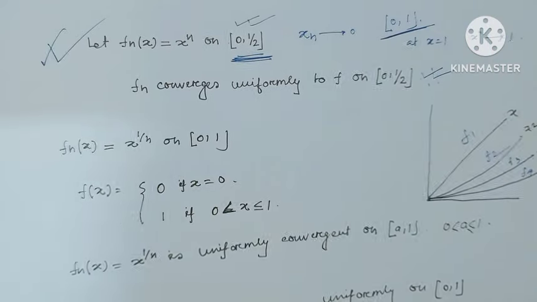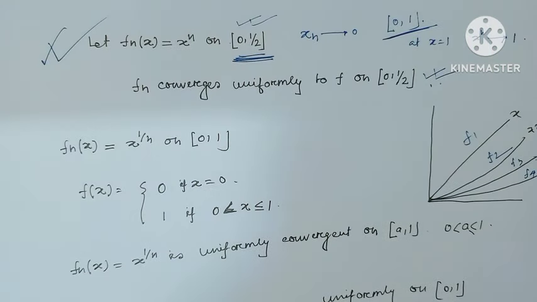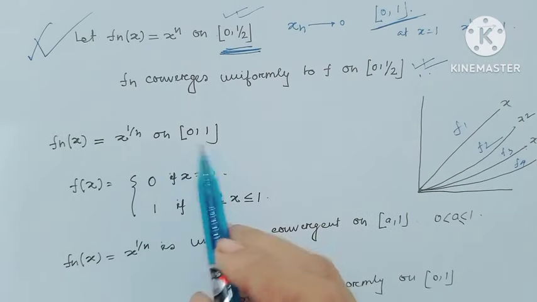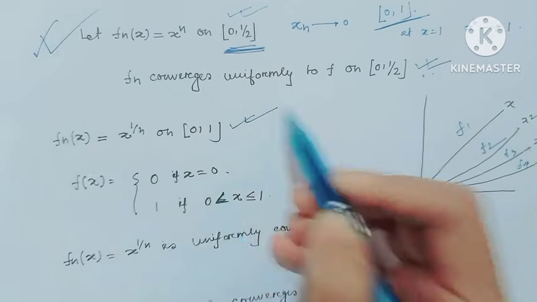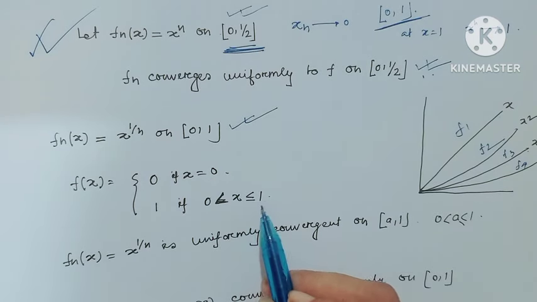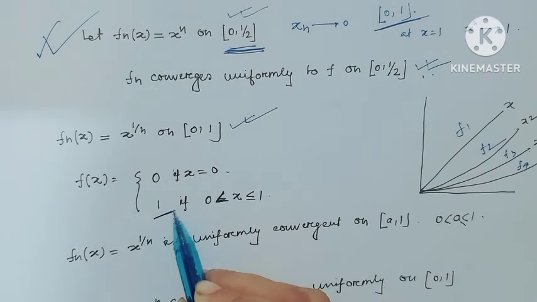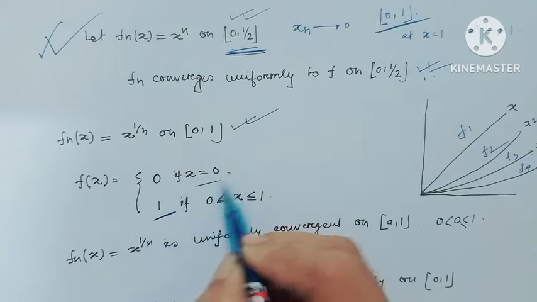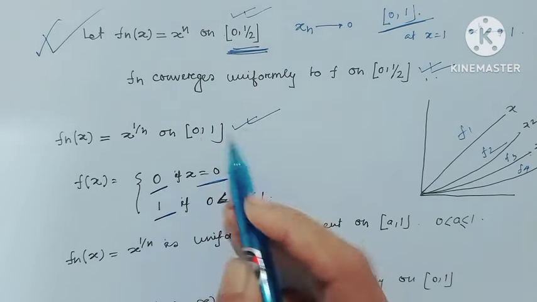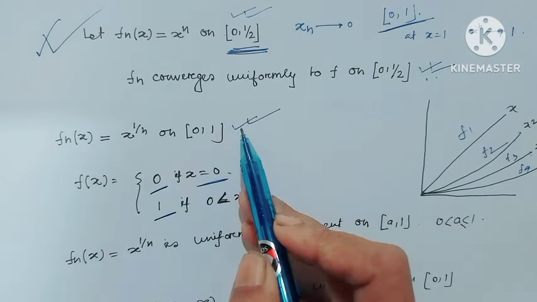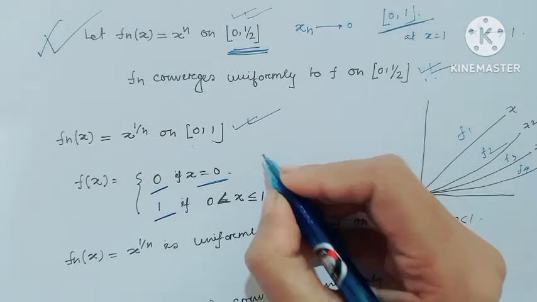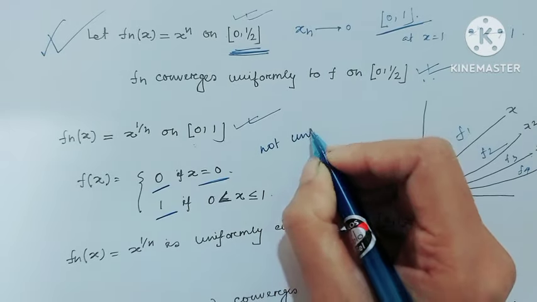Similarly, if we consider x to the power 1 over n, we all know that on the interval 0 less than x less than or equal to 1, this value is always 1. But when x equals 0, this value equals 0. So if we consider x on the closed interval 0, 1, then this is not uniformly convergent.